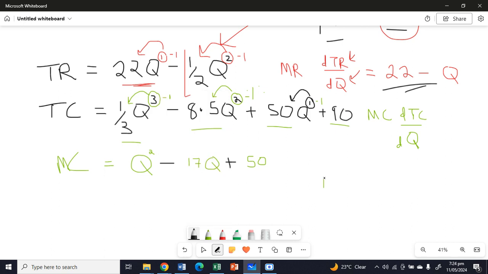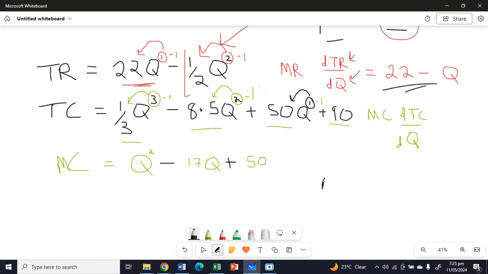So here, basically, using this profit maximization, we're going to find the quantity that we need to produce to maximize our profit. It's important to know what quantity you need to produce to maximize your profit. Remember, in the firm, you need to make decisions.